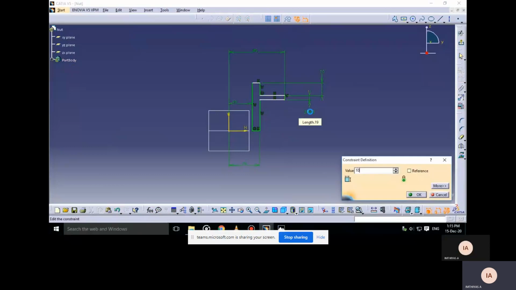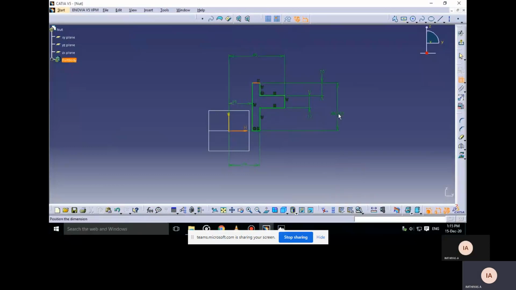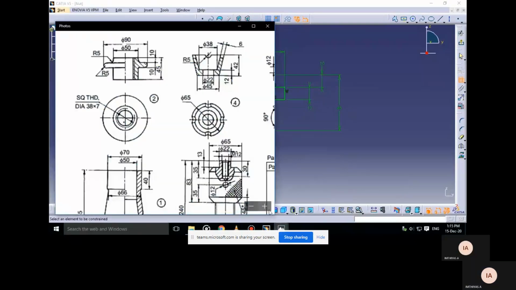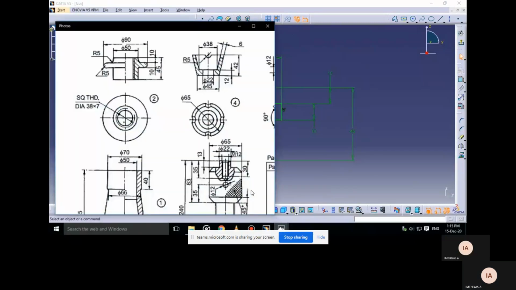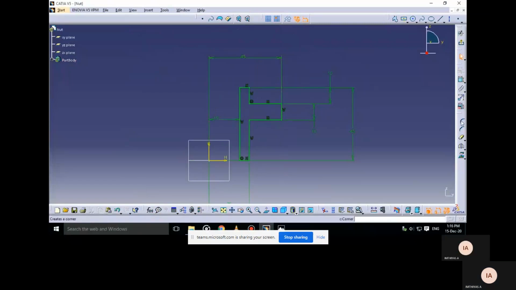This is 10. And there will be a circular disc-like shape with a radius of 5 that we have to make. There also the radius is 5 mm on either side.